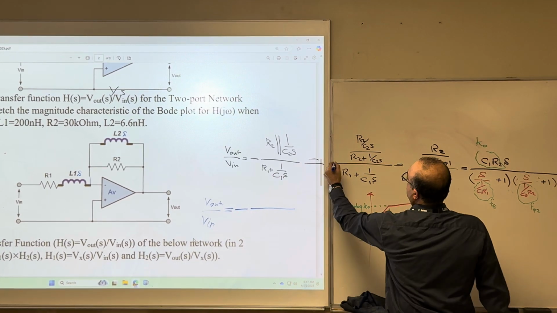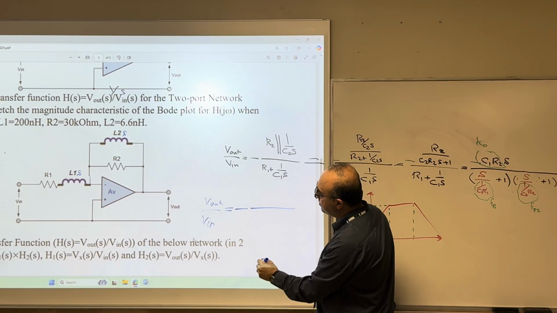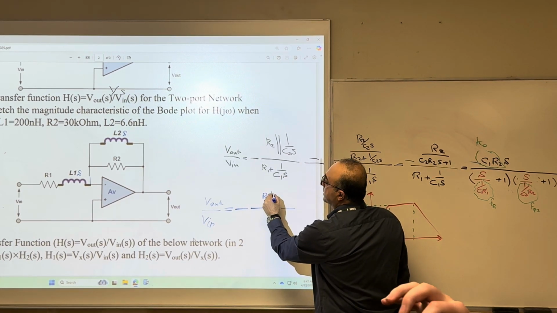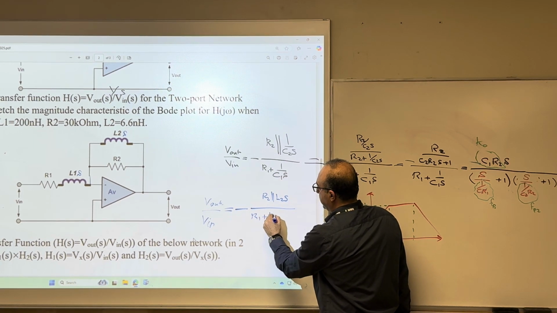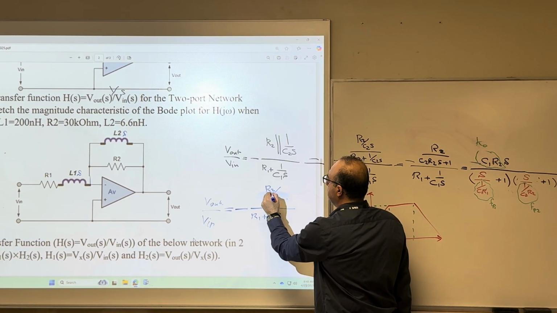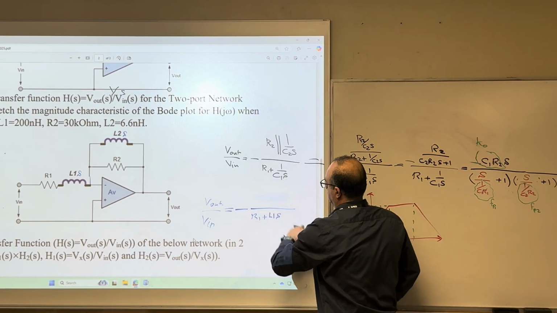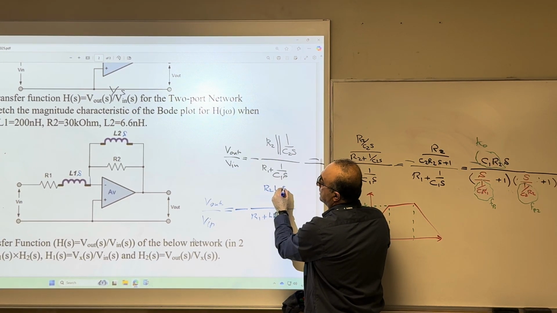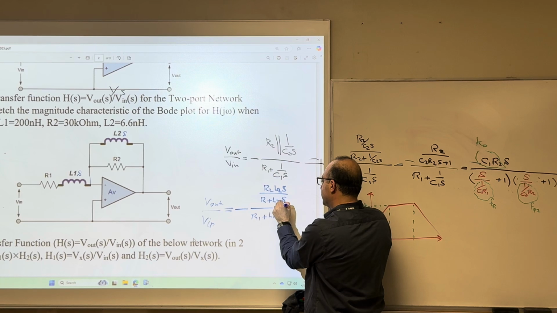Don't forget the negative; I forgot the negative sign here, and the negative sign here, sorry. This one is going to be R2 in parallel with L2S, R1 plus L1S. Instead of this, I can say that it is R2 over R2 L2S over R2 plus L2S.